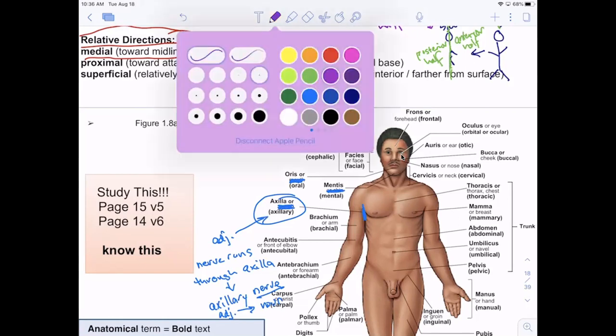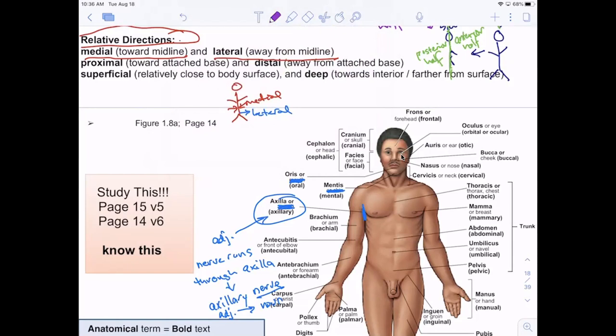Now back to talking about relative directions, right? If I'm describing where your axilla is relative to your antebrachium, you would say that the axilla is medial to the antebrachium.